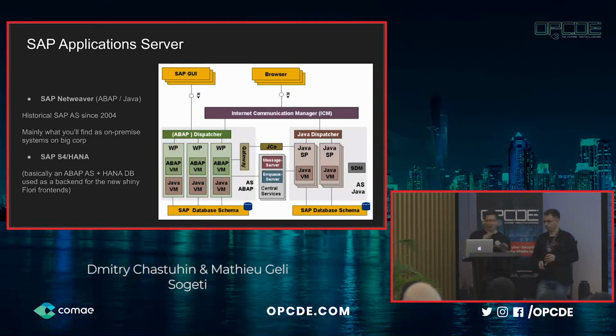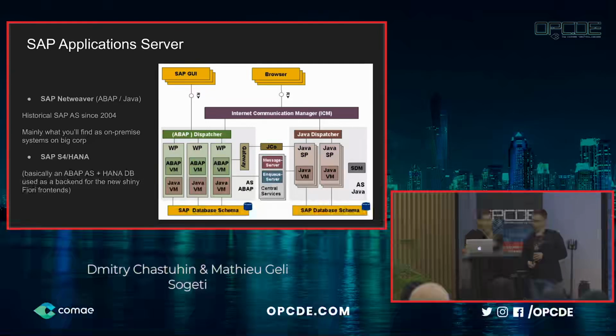Anyway, almost all these 3 application servers have a different architecture, but at the same time they have a common part. It is central services like gateway, message server, enqueue server, and others.